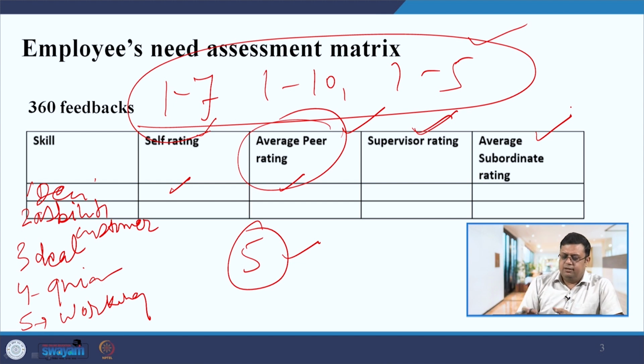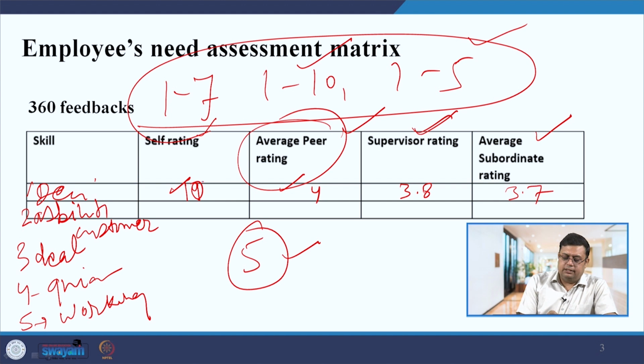Whichever rating has a higher level of mismatch needs attention. Let us take a 1 to 10 scale, and for one particular skill one individual gives himself 10 out of 10. The average peer rating is 4, the supervisor rating is 3.8, and the subordinate rating is 3.7.